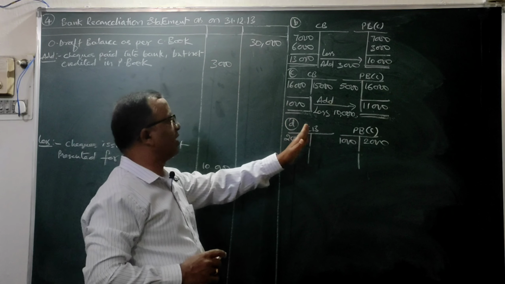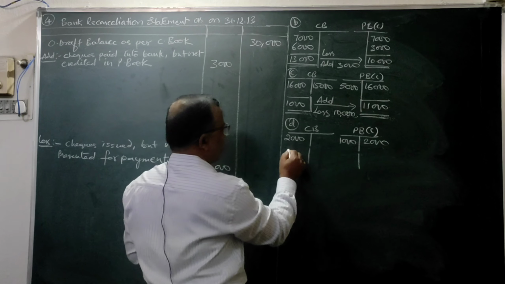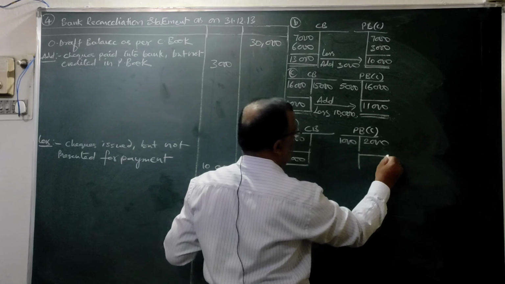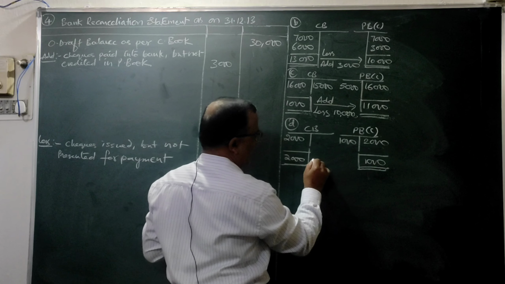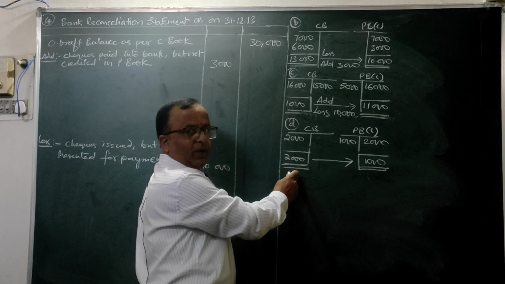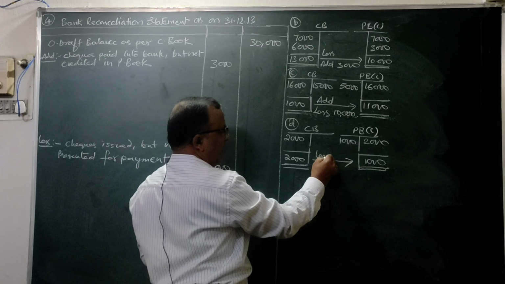So after this date, what has happened? It is immediately here to post it. So as on this date, the situation is something like this. Cash book will be showing 2,000, whereas passbook will show how much? 2,000 minus 1,000. It will be showing 1,000 rupees. Now observe here. Our arrow mark will point towards the constant side. 2,000 should be converted to 1,000. So from this, ordinarily less we should do.